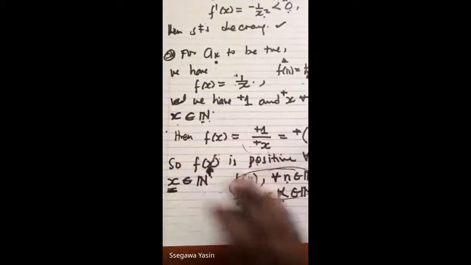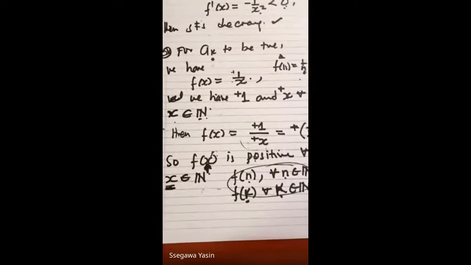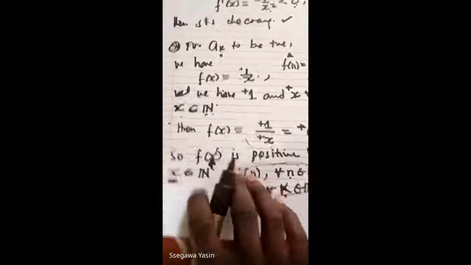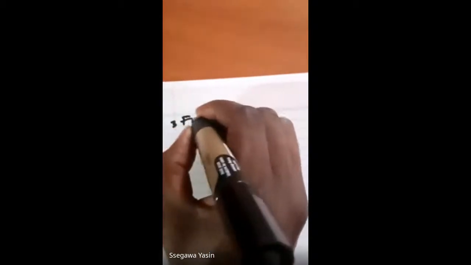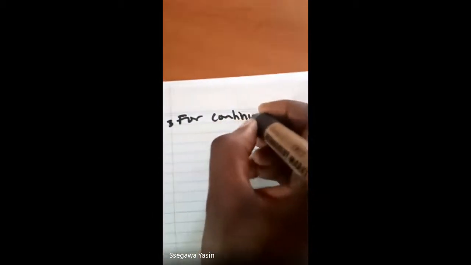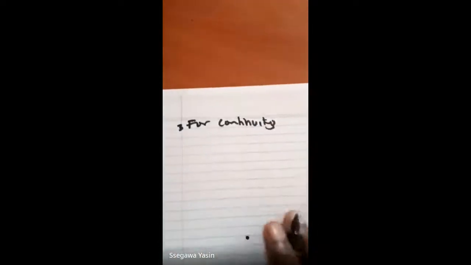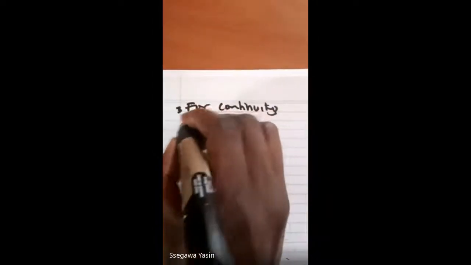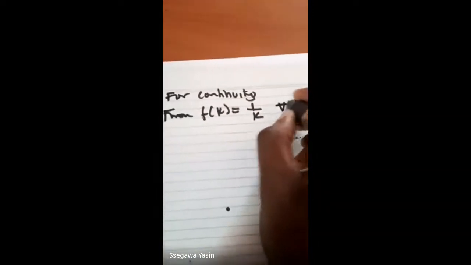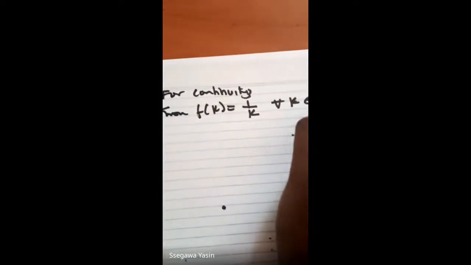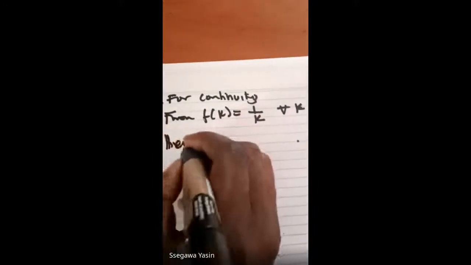What am I remaining with now? I'm remaining with the idea of showing that it is continuous. So for continuity, we have f of k equals 1 over k for every k coming from n. Now look here please.